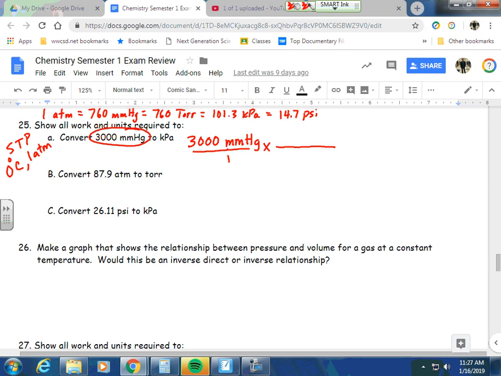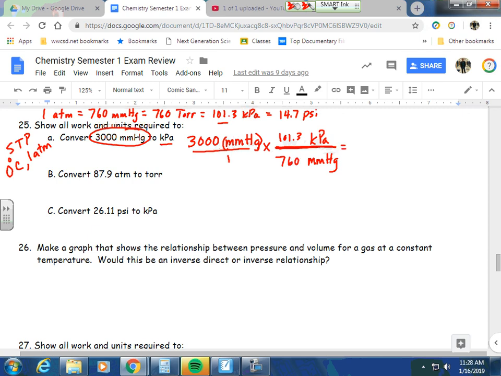Whatever unit I have here, I want to put that same unit down here. And whatever they're asking me to find, in this case kPa, I want to put that on top, okay? So I'm going to use my relationships on the top there to plug in the conversion factor to solve this problem. So my numbers at the top are 101.3 kPa per, or for every, 760 millimeters of mercury.